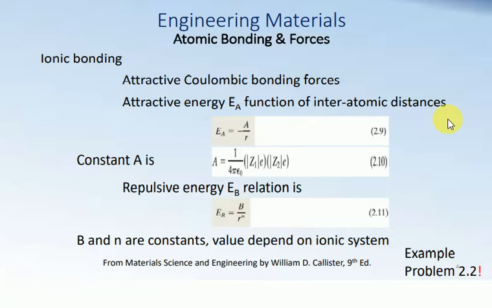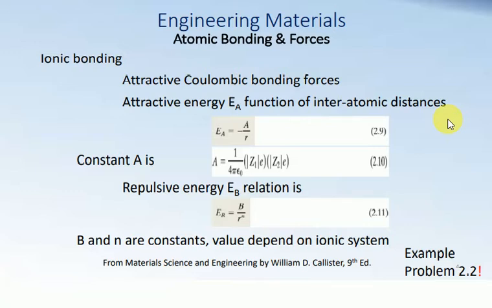This A is a constant. Do not confuse this A with atomic number or atomic mass. This is a constant and it is determined experimentally, and it carries generally the relation 1 over 4 pi epsilon naught, times Z1 e times Z2 e. e is the electronic charge, and Z1 and Z2 are absolute values of valences for the two ions.